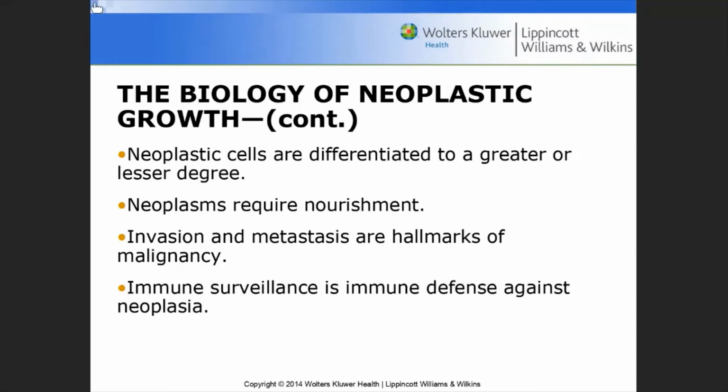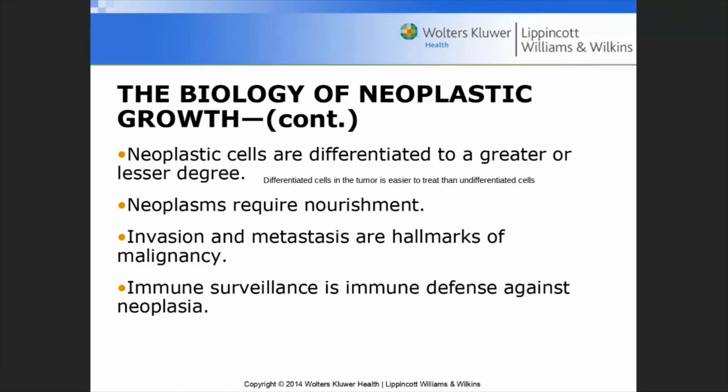I would say this: in a tumor or a lesion, differentiated cells are easier to treat than undifferentiated cells.